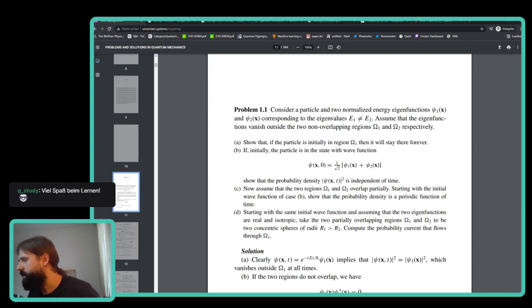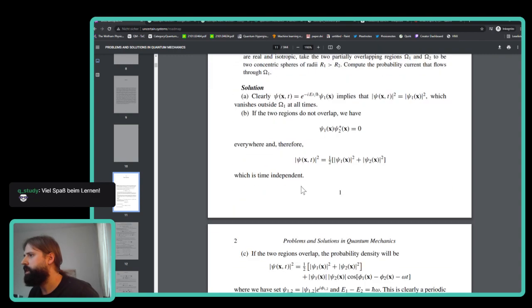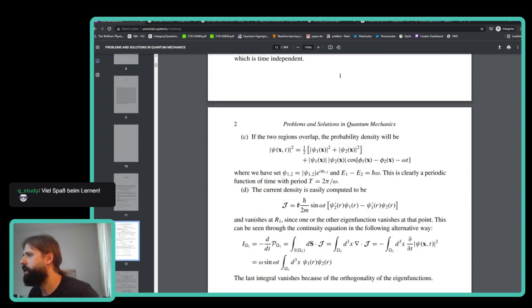In the case, let's see, D. Okay, that's definitely not this. The current density is easily computed to be, okay, and vanishes at R1 since one of the eigenfunctions vanishes at that point.